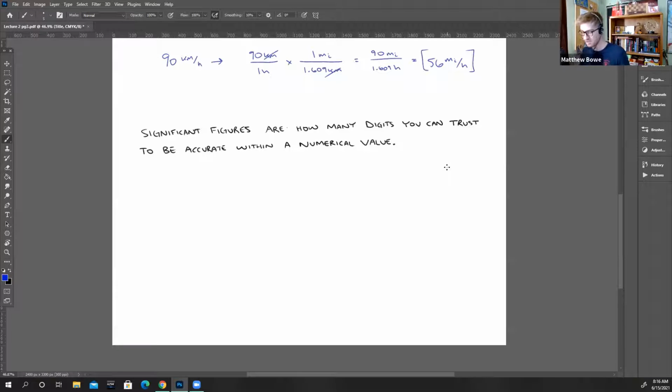That is how many values in your measurements or your calculations that you can trust. And typically you're going to be using the number that has the least significant figures.